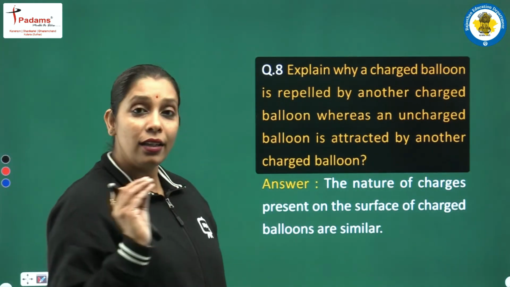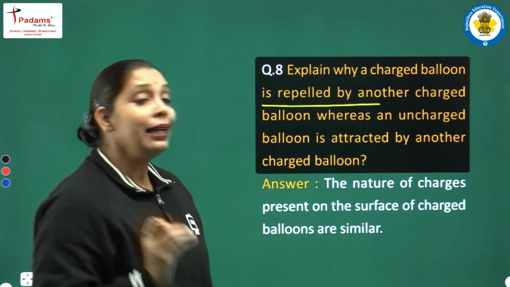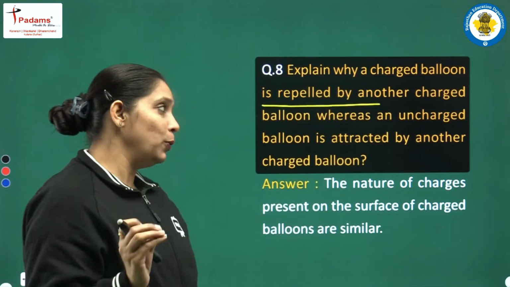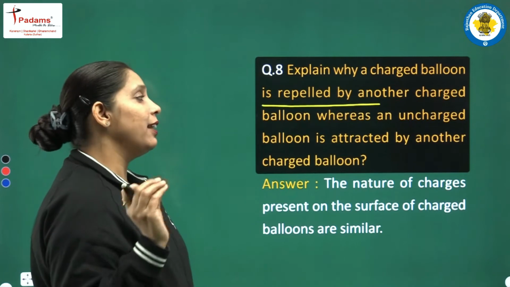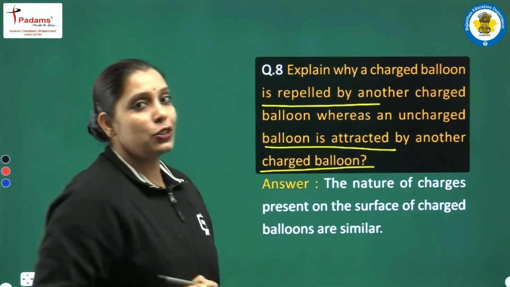Explain why a charged balloon is repelled by another charged balloon, whereas an uncharged balloon is attracted by another charged balloon.